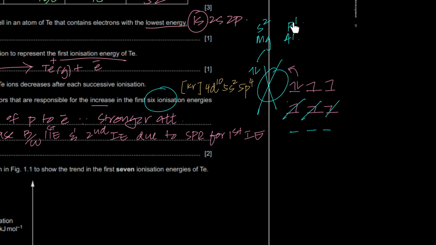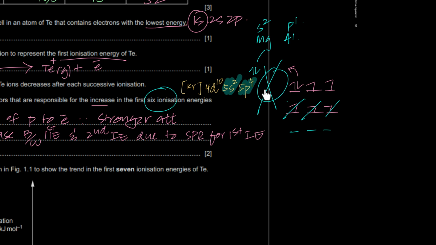So remember, the p electron was already at a higher energy level, so removing it was easy. And you also realize that the p electron faced additional shielding. The 5s electrons are shielded only by the 4d, but the 5p electrons were shielded by the 5s2 and the 4d10.